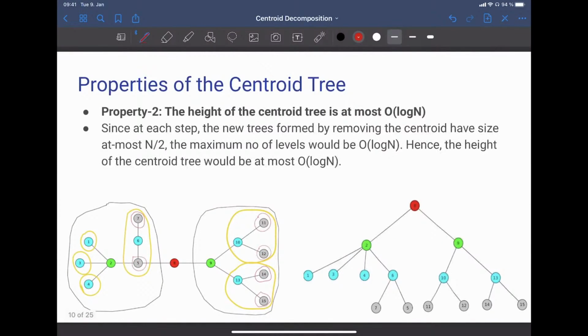So we move on to another very important property of the centroid tree, that the height of the centroid tree is at most order log n. This is a very interesting property. We started with the original tree, which had some structure, and the claim is that whatever the structure of the original tree might be, if you decompose it and form the centroid tree, the height of this centroid tree is bounded by order log n.